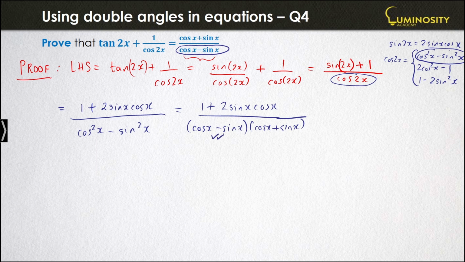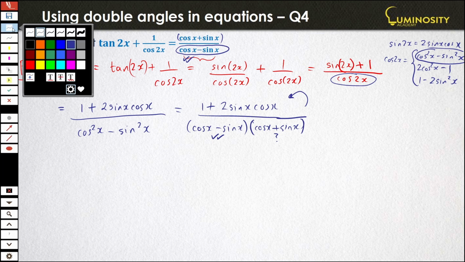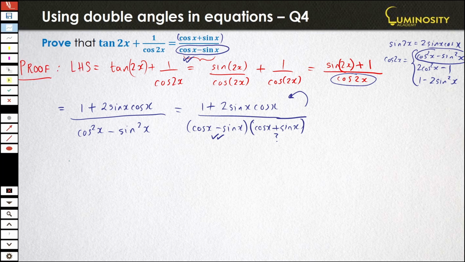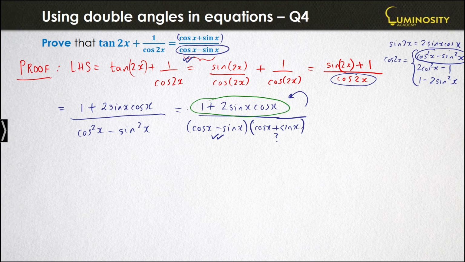So I've got this term here now, which is great, but now this other term is the problem. If I can get a factor of it upstairs and then divide it out, problem solved. Then hopefully we're just left with cos x plus sine x as the other factor. Now comes the difficult part: how do I get this 1 plus sine 2x to look like a product of 2 factors that will divide out with the cos x plus sine x term?